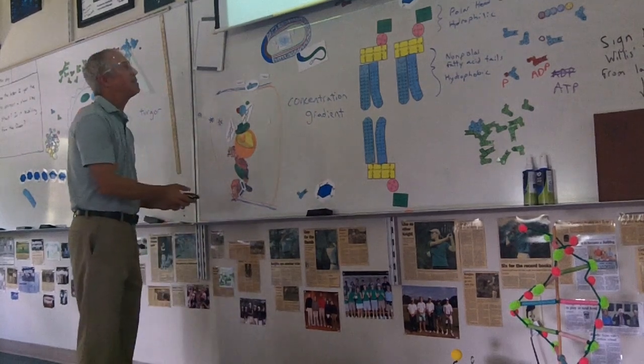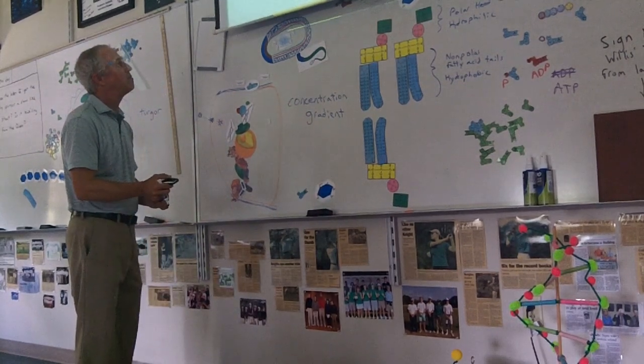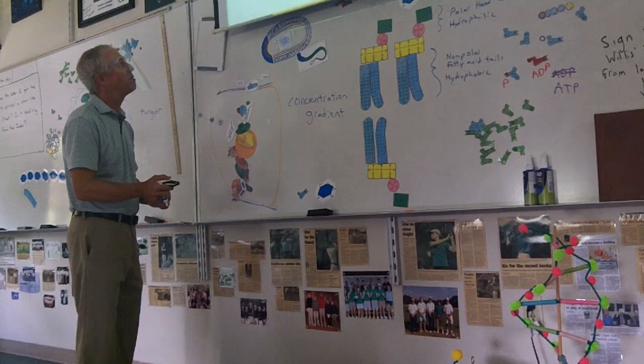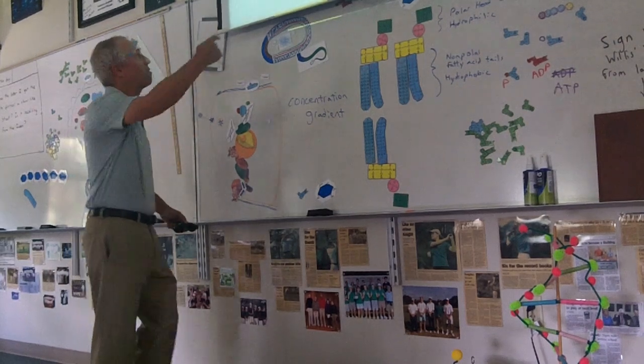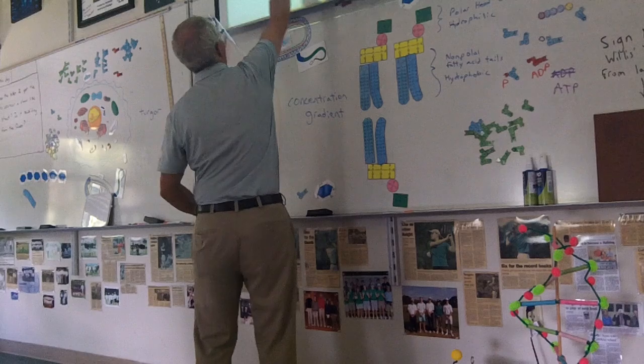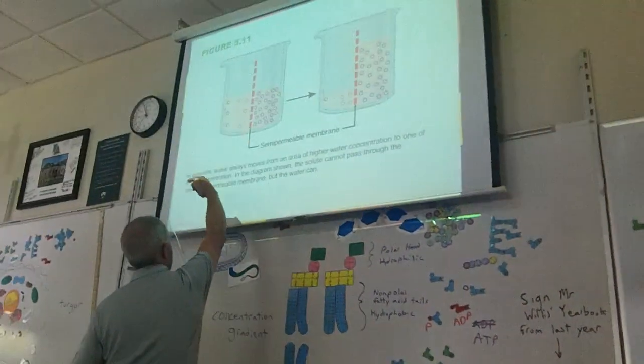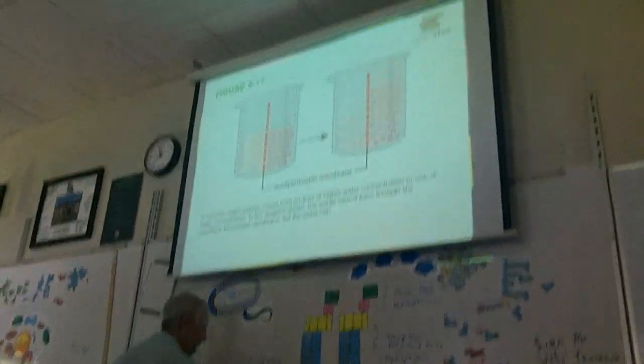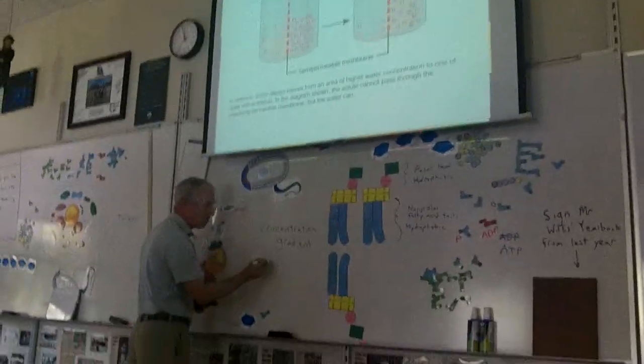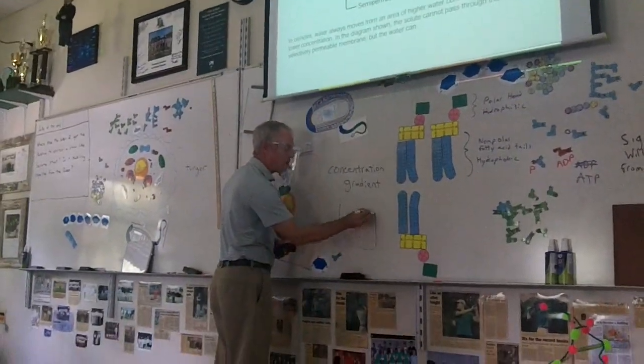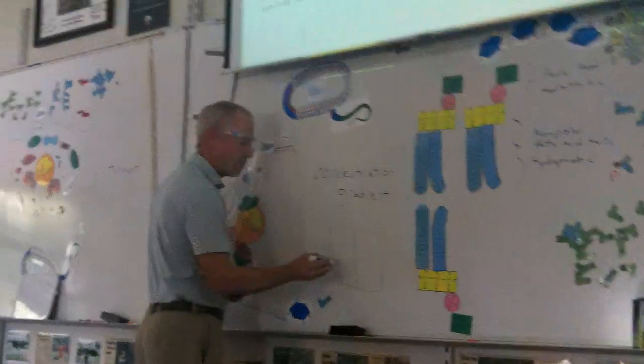And in this case, what is going on? In this picture, the concentration gradient would be going that way for the particles. The concentration gradient is the normal way that the particles usually spread out.